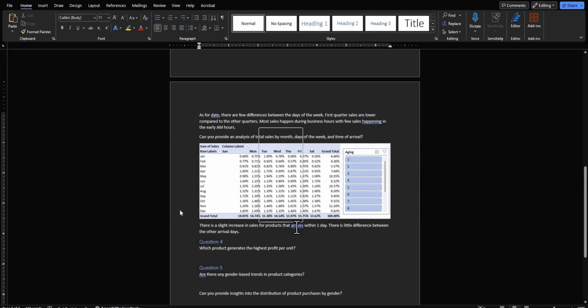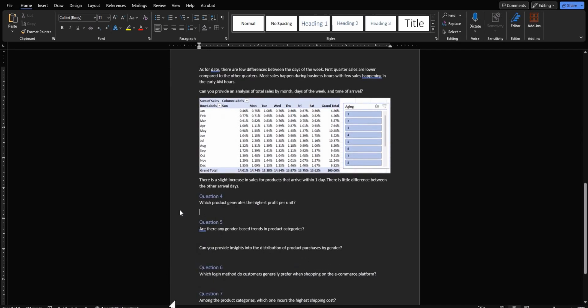For products that arrive within 1 day, there is little difference between the other arrival days, meaning that we get the idea of how much this is, but we get a slight bump. I think it's actually about 15% for the arrival for day 1, and then the rest are lower.